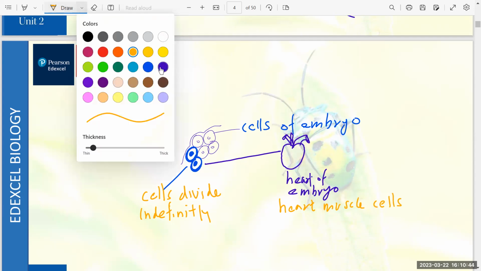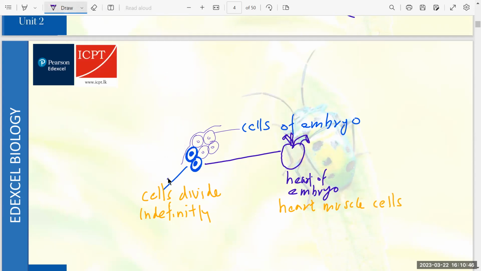Right, now we understand two things. These cells divide indefinitely, and some of the cells are going to move this direction to make the heart muscle cells. Right?